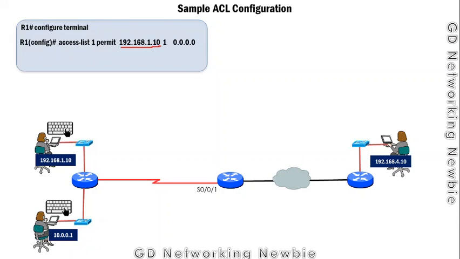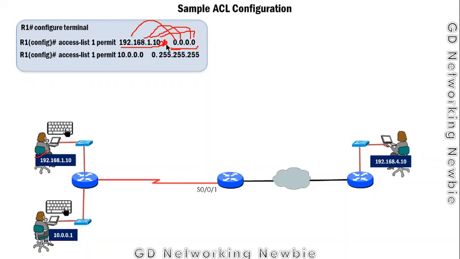To mention a specific host, we can actually forget about this, but I just wanted to clarify this point. In this case, we are explicitly asking the router to match this one, this one, this one. In a standard access control list, if we don't give this, the router will understand that this time it has to match all four octets.